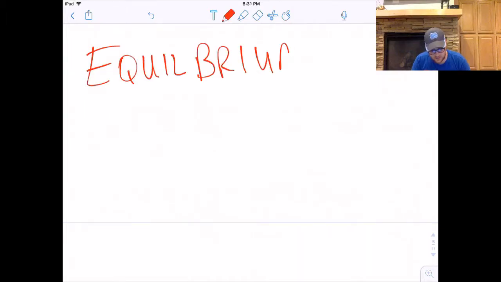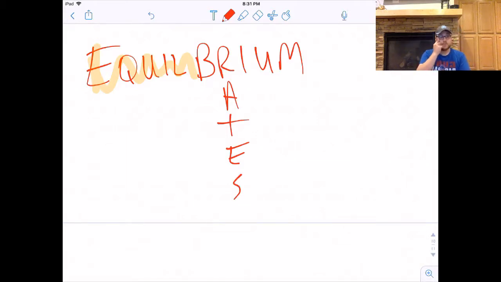So at equilibrium, you will often see it represented as, I'm going to be using this reaction all the time, N2 plus 3H2 double arrow 2NH3.